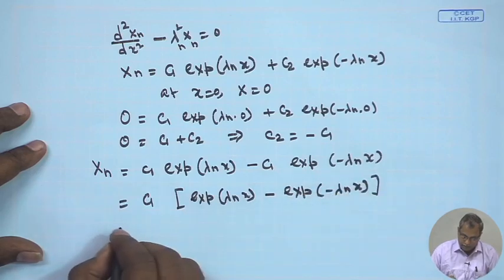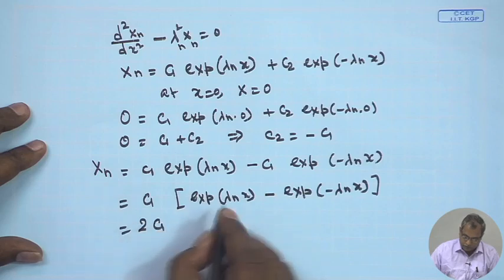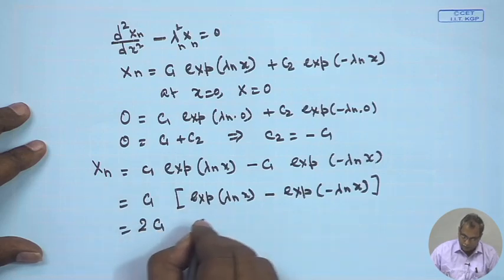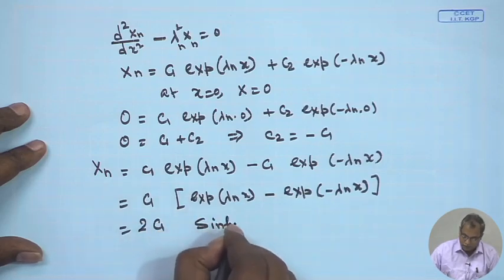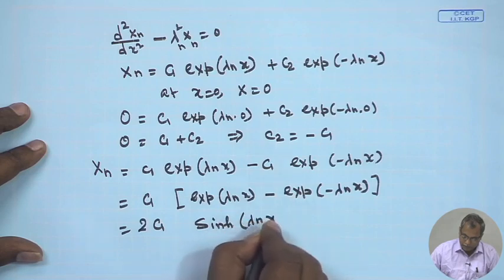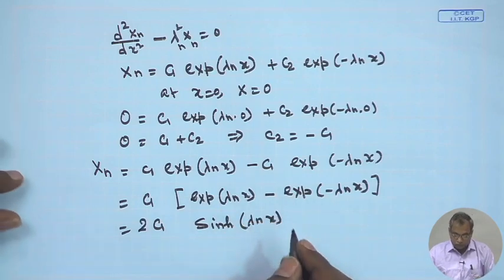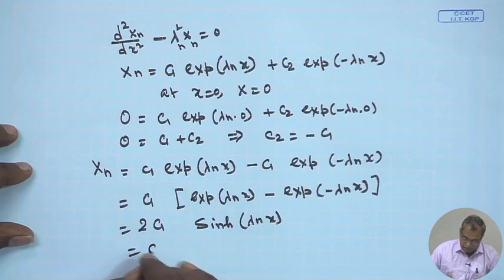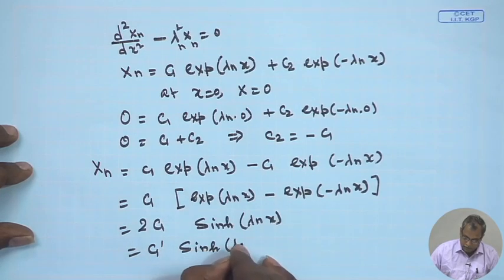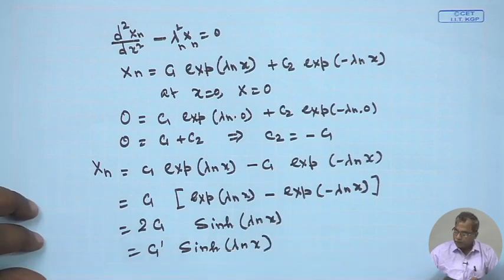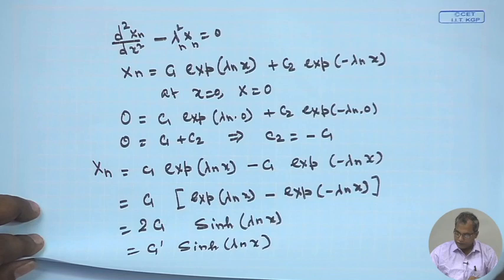We multiply and divide by 2, and this will be a hyperbolic sine function. So, with a new constant C1', Xn = C1' sinh(λn x).